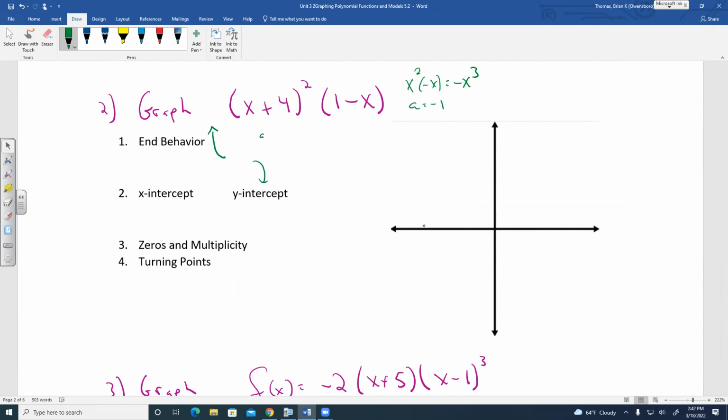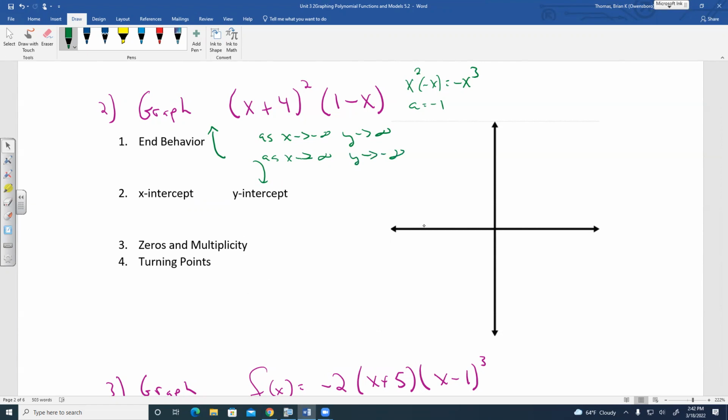So again, as x approaches -infinity, as I go left, y is approaching infinity, y is going up. As x approaches infinity, as the graph goes to the right, the y values are approaching -infinity, they're going down.